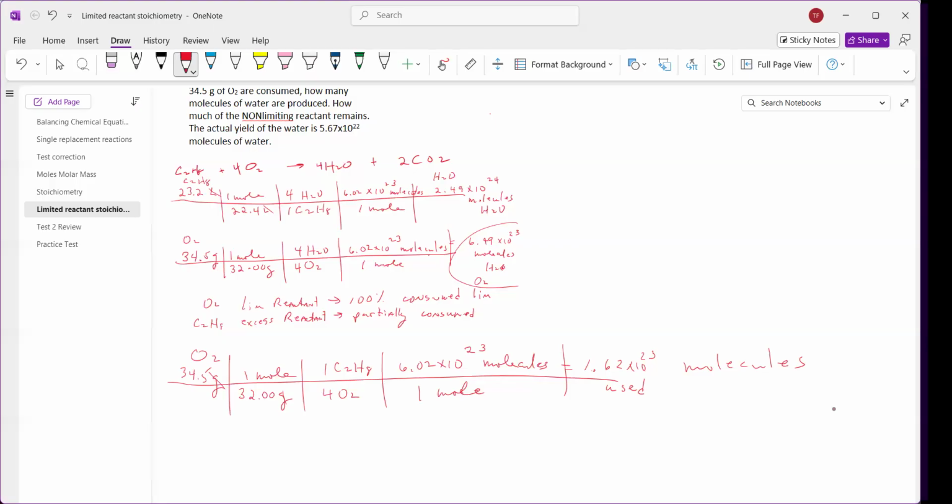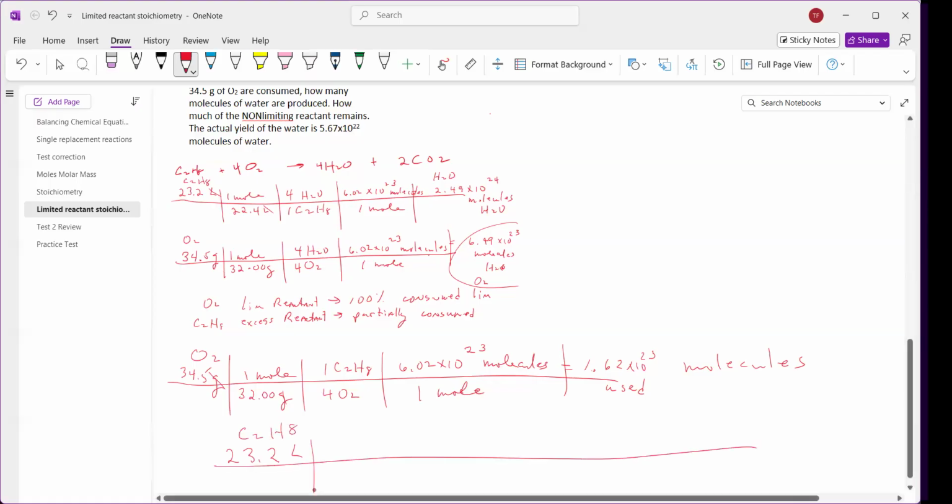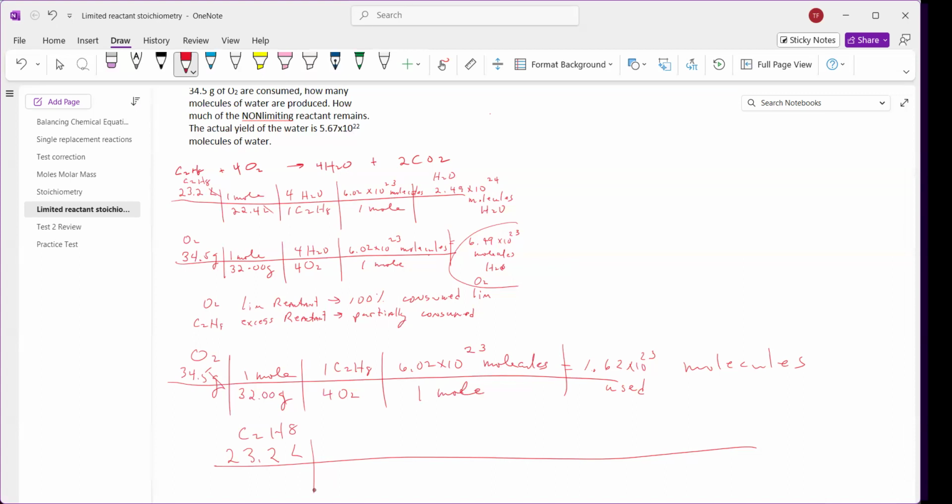So we're starting with 23.2 liters of ethane, and what we're calculating now is how many molecules we started with, so we can then subtract the molecules we used.